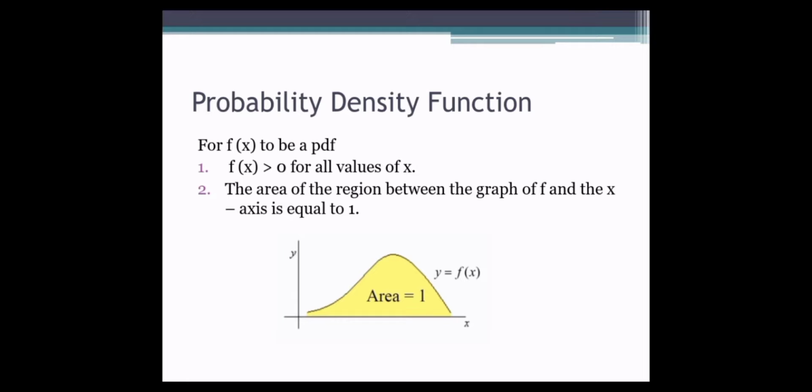In addition, the graph typically resembles a bell curve, with the probability of the outcomes lying below the curve.